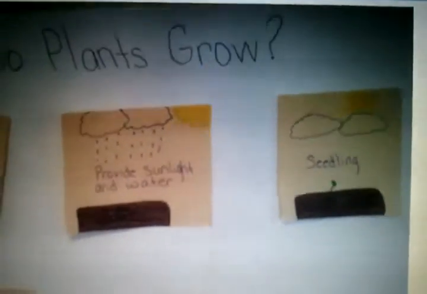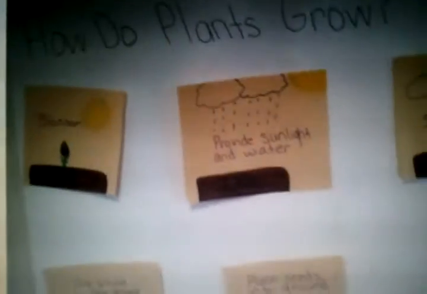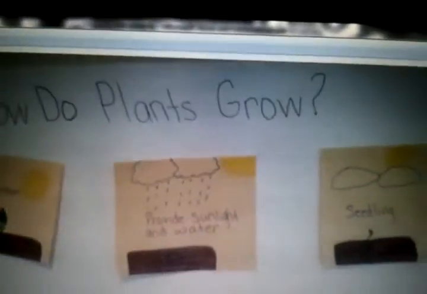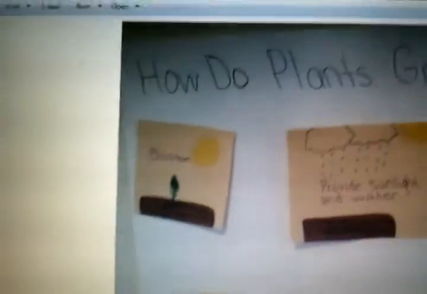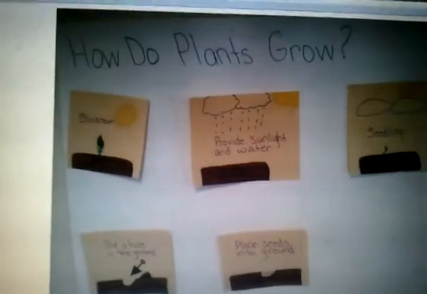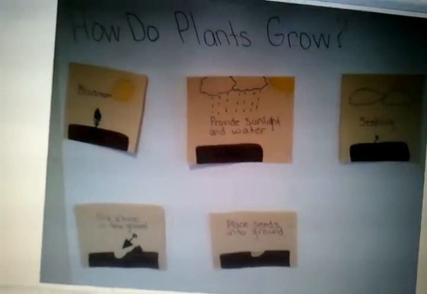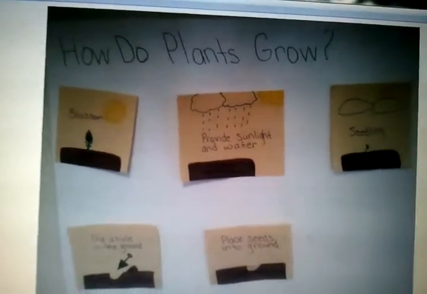Next, after that, the seed will grow, and then you provide sunlight and water to the plant, and eventually it will blossom into a flower. They will be expected to put them in order of how it would start off and what the end result will be.